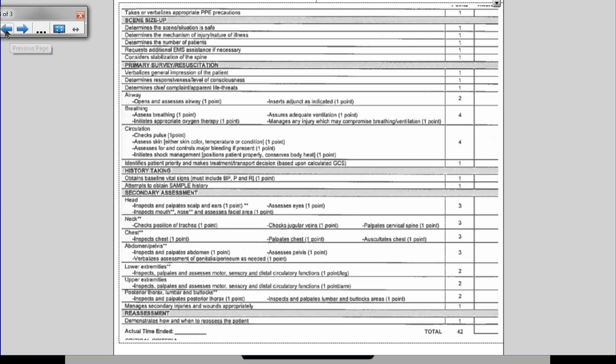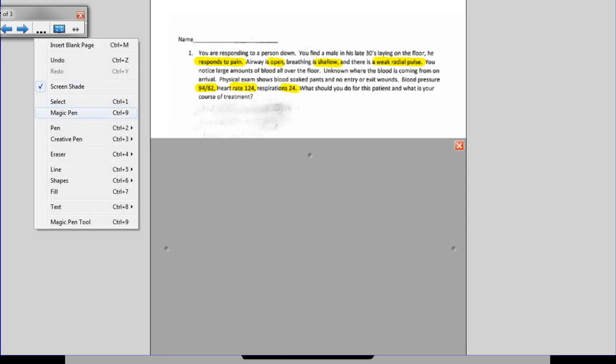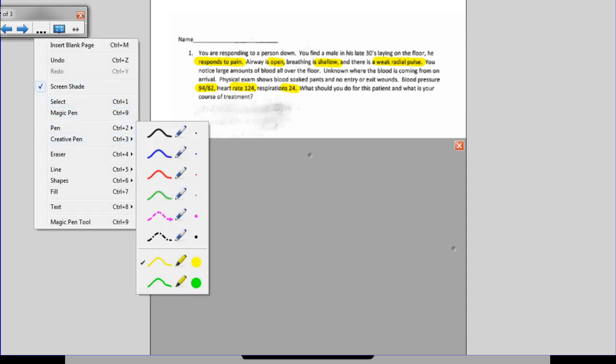So our first course of action, I'm going to write it up here: expose. We're going to expose. Sorry for the writing, guys, the pen's not working that great.